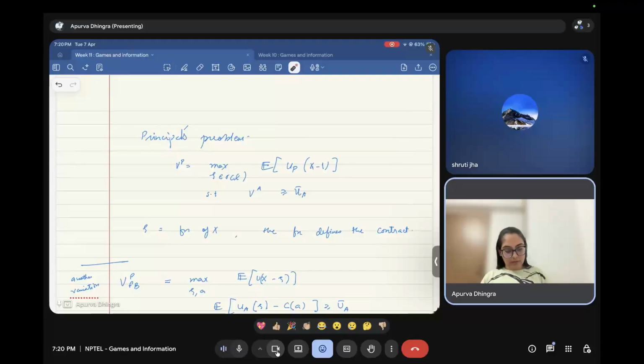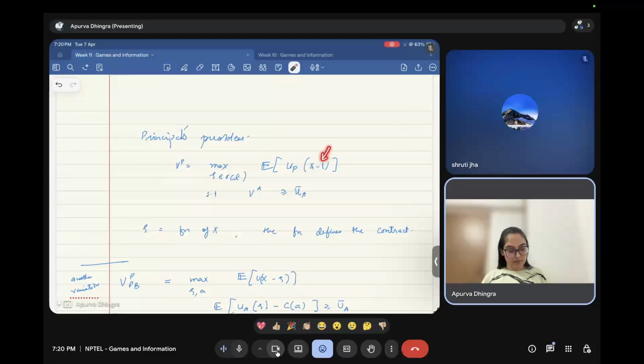And in the process, he's going to consider this as a constraint to his problem. So all he's required to do is solve this optimization problem.